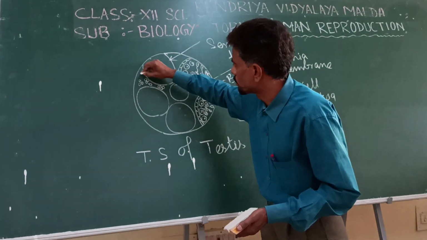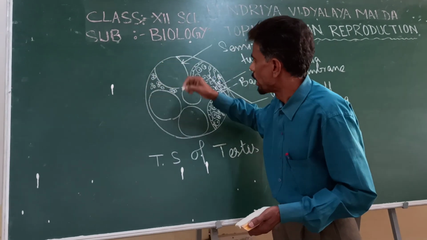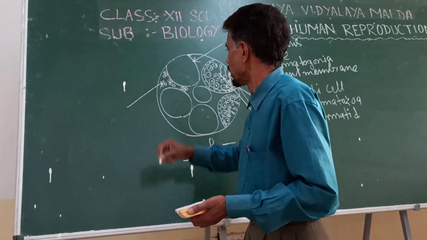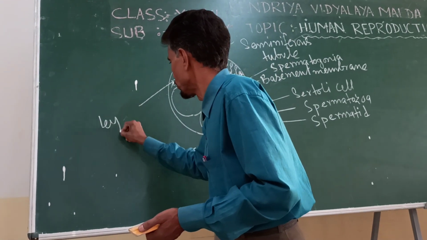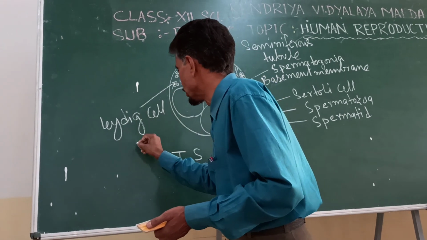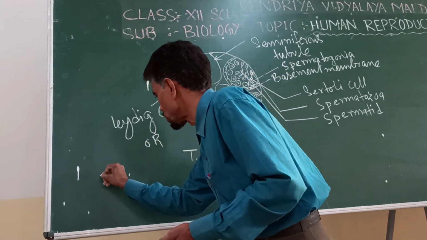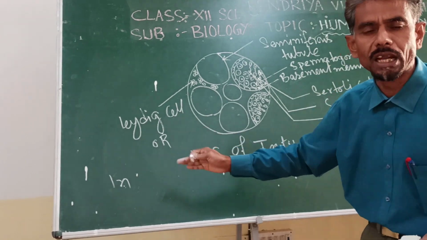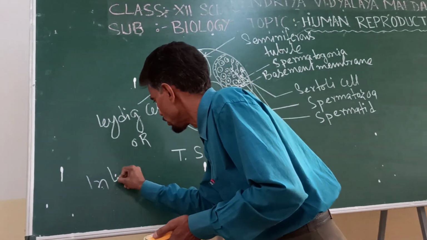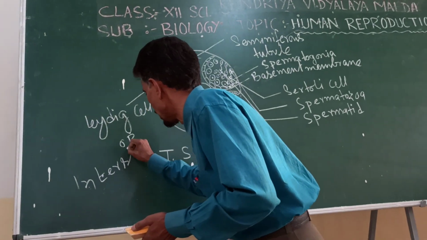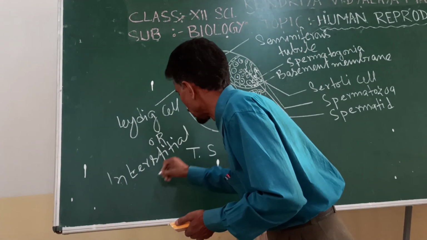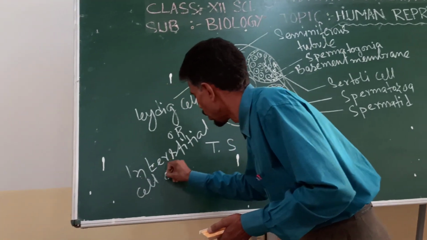These clusters of cells are called Leydig cell, otherwise called interstitial cell of Leydig.